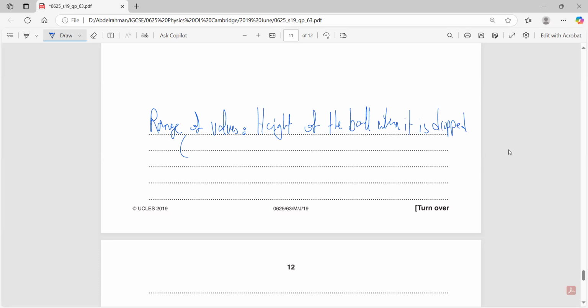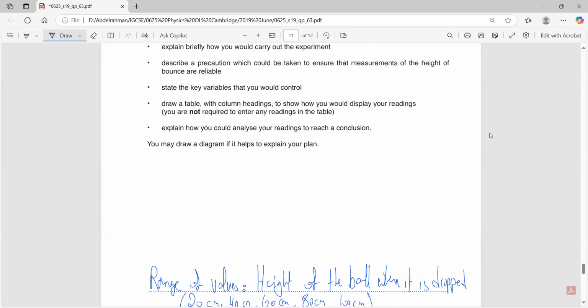Some logical values might be, let's say, 20 centimeters, 40 centimeters, 60 centimeters, and 80 and 100 centimeters. So you have five values for this drop.